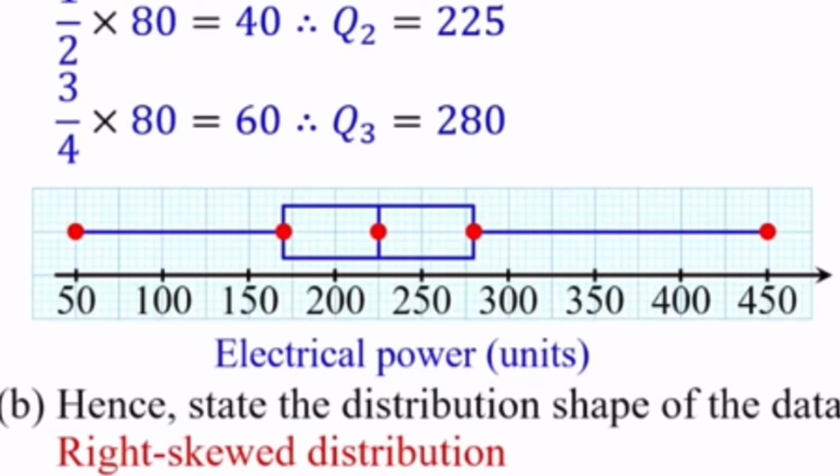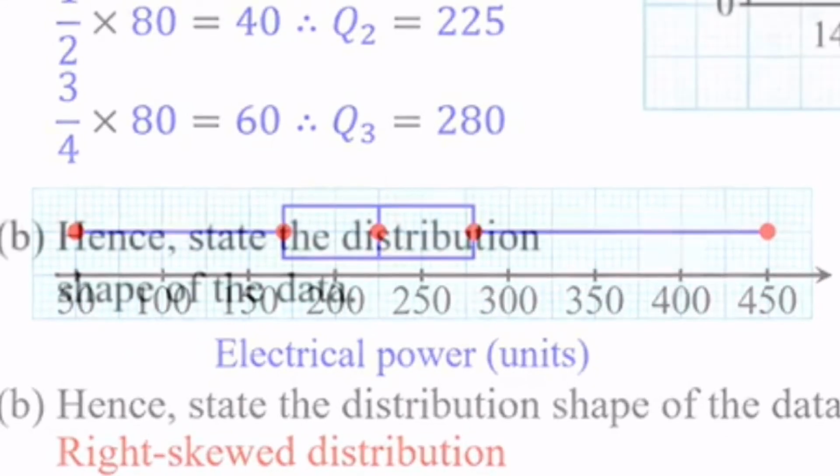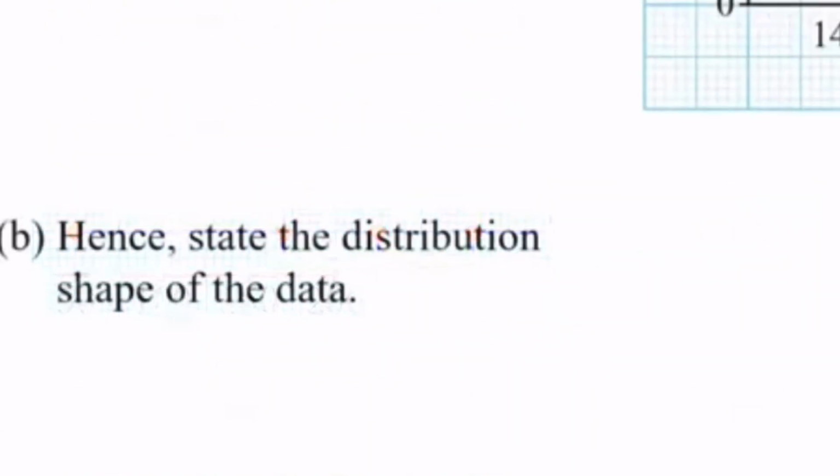So if it is longer, we will say it is right skew. So this is a right skew distribution. Why it is a right skew distribution? Because the line at the right is longer.